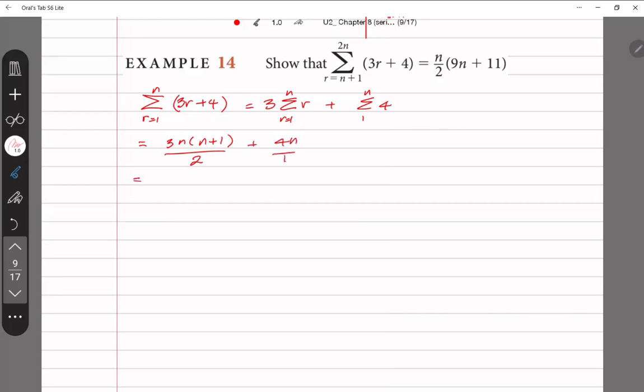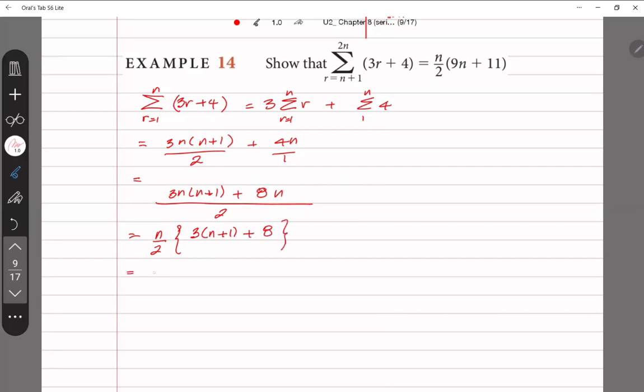Now, this would be equal to LCM is 2, 3n into n plus 1 plus 8n. Let's factor out n. So we have n over 2. Inside the bracket, we have 3 into n plus 1 plus 8.